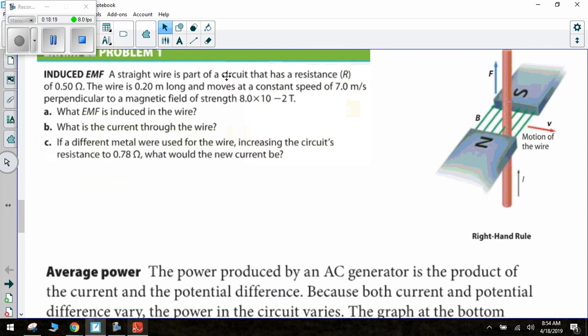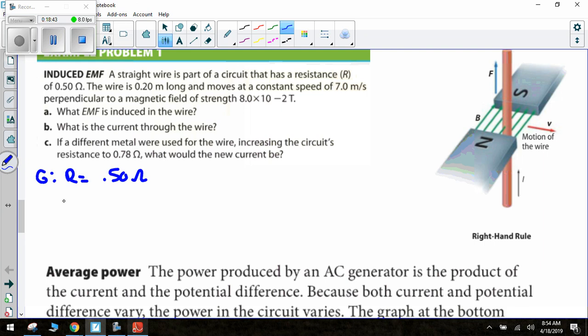It says a straight wire is part of a circuit that has a resistance of 0.50 ohms. The wire is 0.20 meters long, moves at a speed of 7 meters per second, perpendicular to a magnetic field of strength 8 times 10 to the negative 2 Teslas. What's the EMF in the wire? So, write all of our givens. Resistance is 0.50 ohms. The length is 0.20 meters.